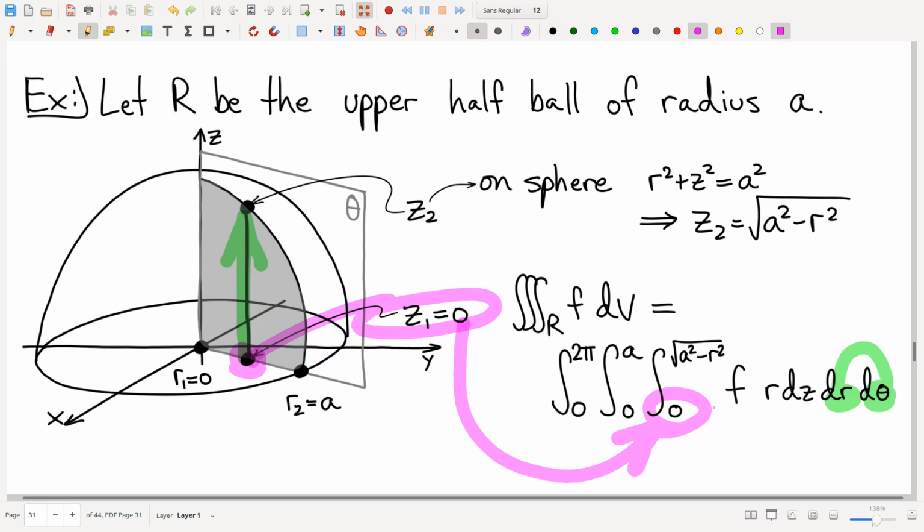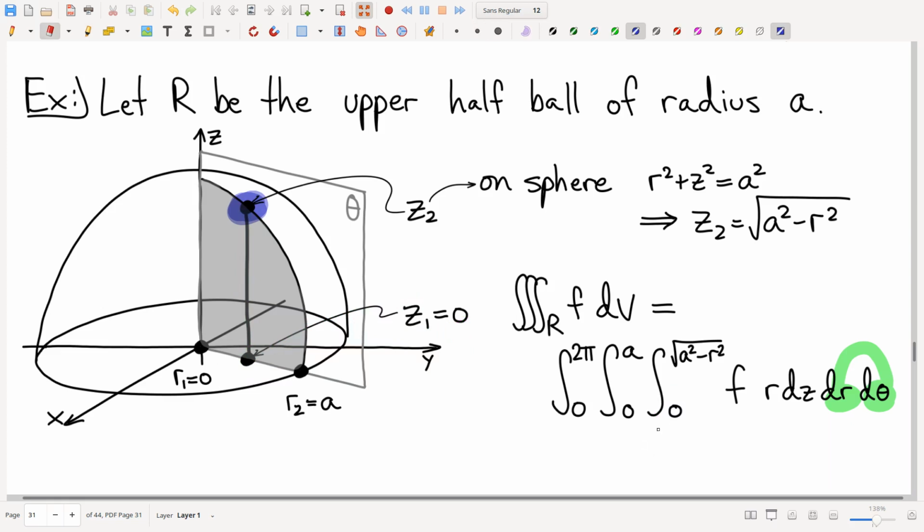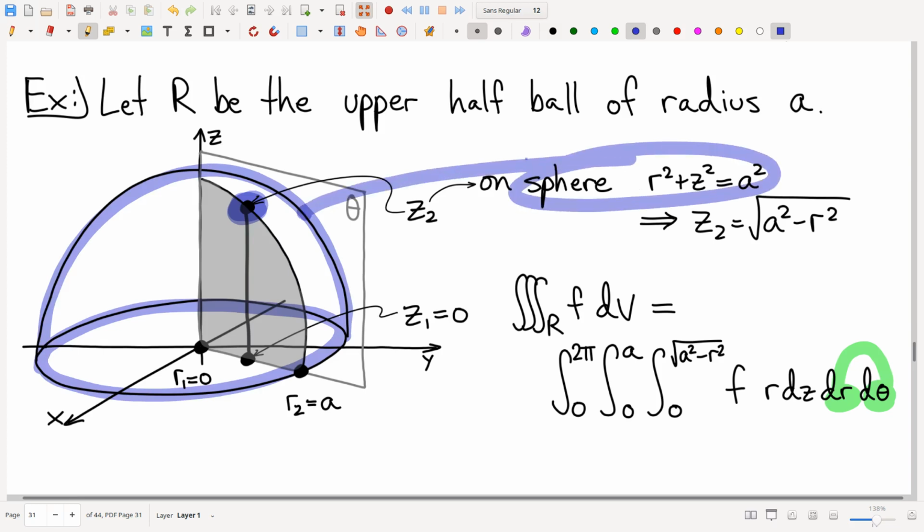The upper bound, and here's where you have to do a little bit of work. That last Z slice, right there. Let me just get rid of the distractions here. That point, notice it's on our sphere. You can write down the equation for the sphere, and you can write down what that looks like in cylindrical coordinates. You may recall we actually did this back in chapter 1, a long time ago.